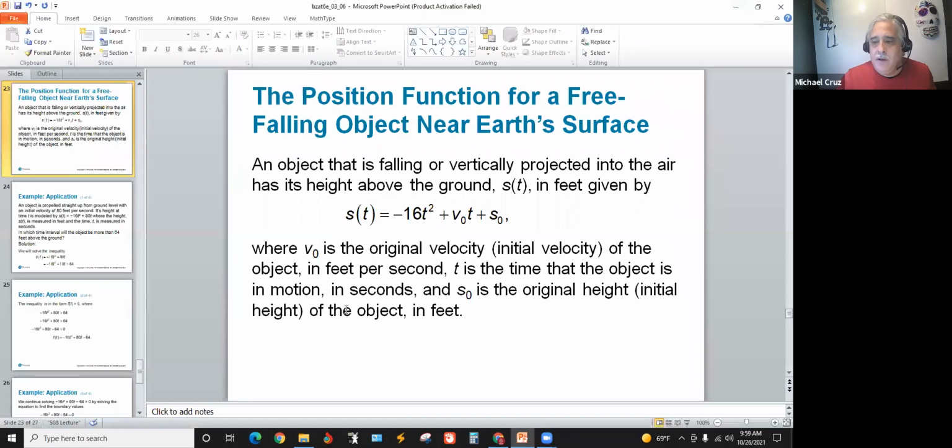We don't have the values yet. All right, so they just give us a kind of a generic equation. It's got -16 t squared, and t is time, and the s of t, it's called the position function. It's where it's at a specific time.